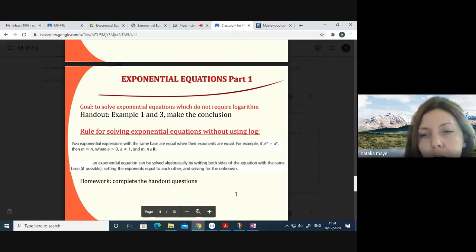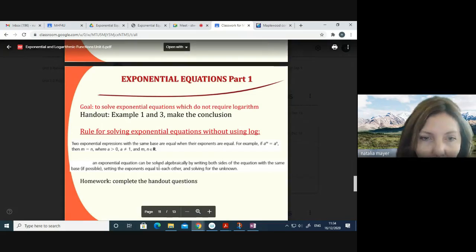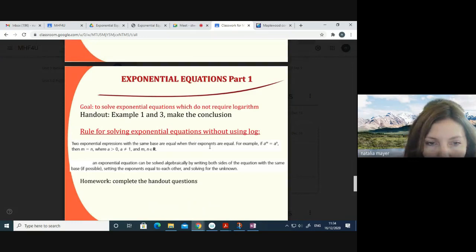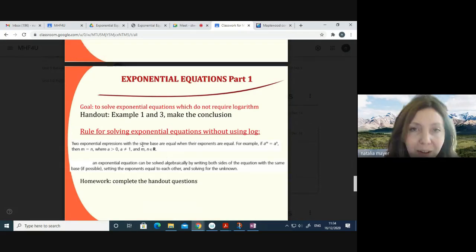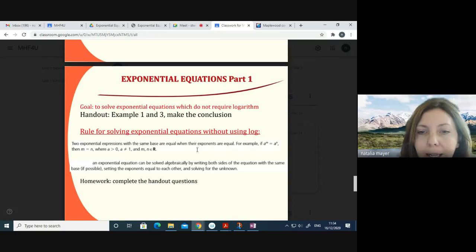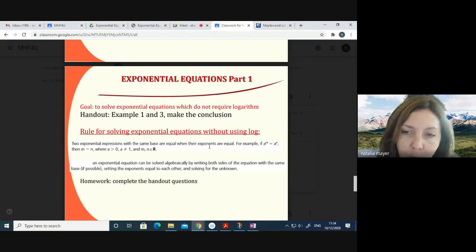And the basic concept used in those types of exponential equations is: if two exponential expressions have the same base, which means that the left side and right side of the equation have the same base, then they are equal only when their exponents are equal.